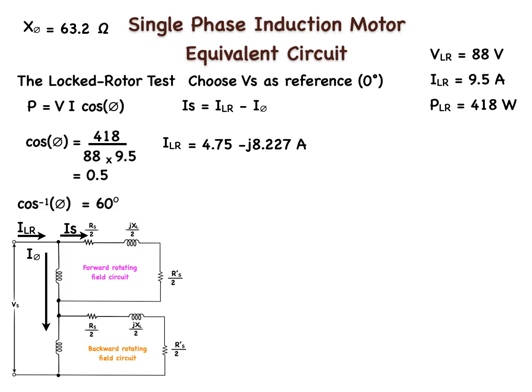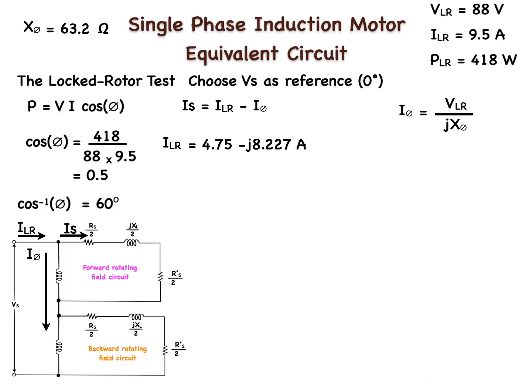We can calculate the magnetizing current using Ohm's law, which is the locked rotor voltage divided by the magnetizing impedance jXphi. And we know these terms. VLR, or the locked rotor voltage, is 88 volts, and we just finished calculating the reactive impedance, which is 63.2. That calculation gives us 1.392 at minus 90 degree amps in polar coordinates and 0 minus j1.392 amps in rectangular coordinates.